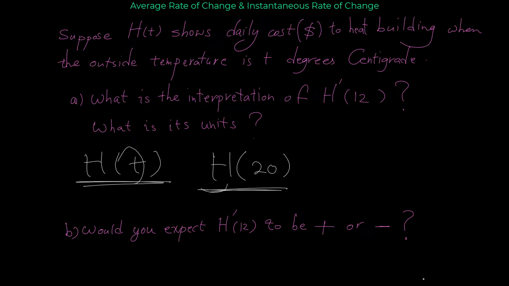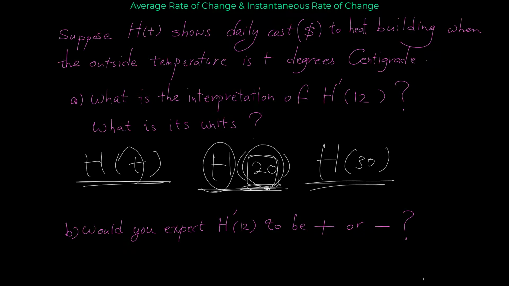The cost of heating the building when the outside temperature is 20. What is the meaning of h of 30? The cost of heating a building if the outside temperature is 30 degrees centigrade.